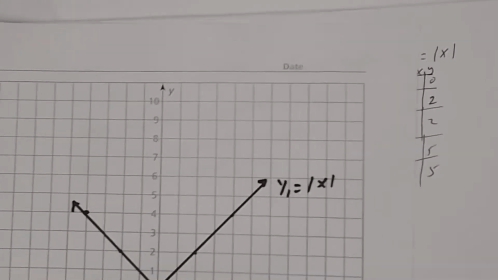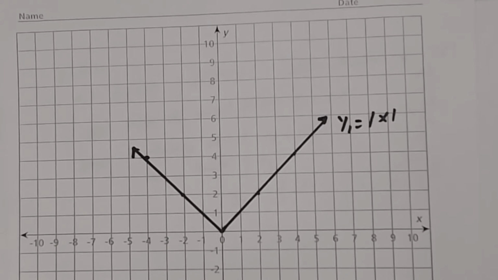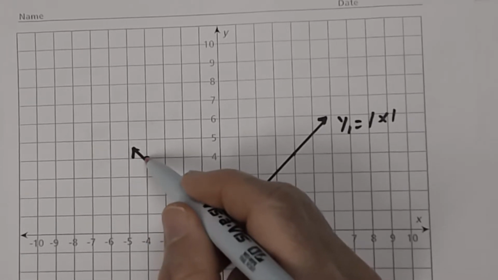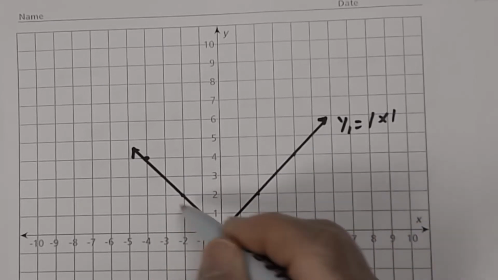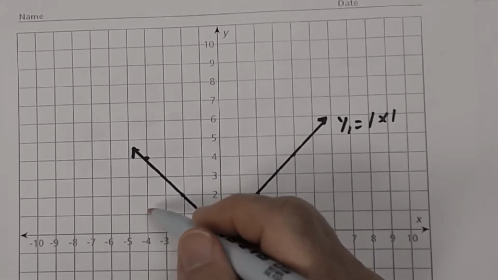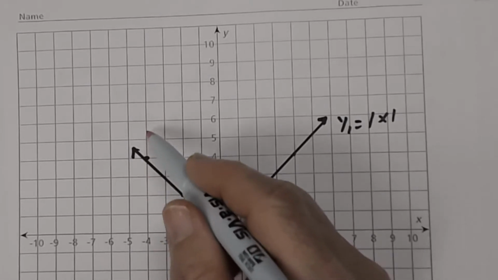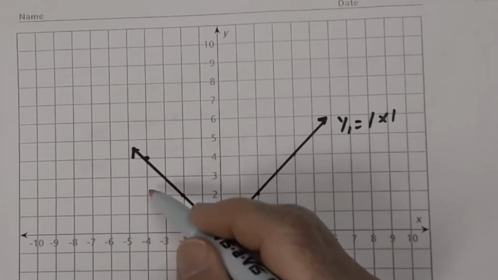So whenever we vertically stretch or vertically shrink, we're moving each point on the function. We're either moving it up or moving it down by a certain factor. Okay? And so whether you go up or down, you'll notice that the x value stays the same. It's the y value that changes.